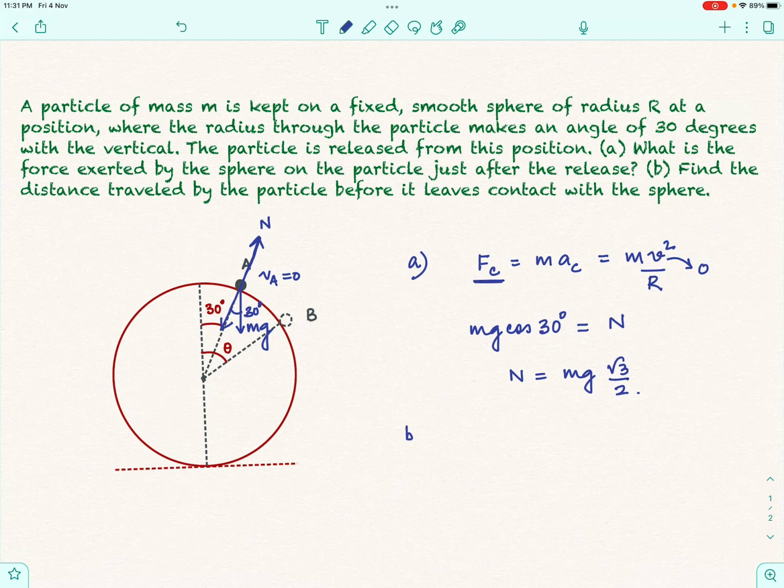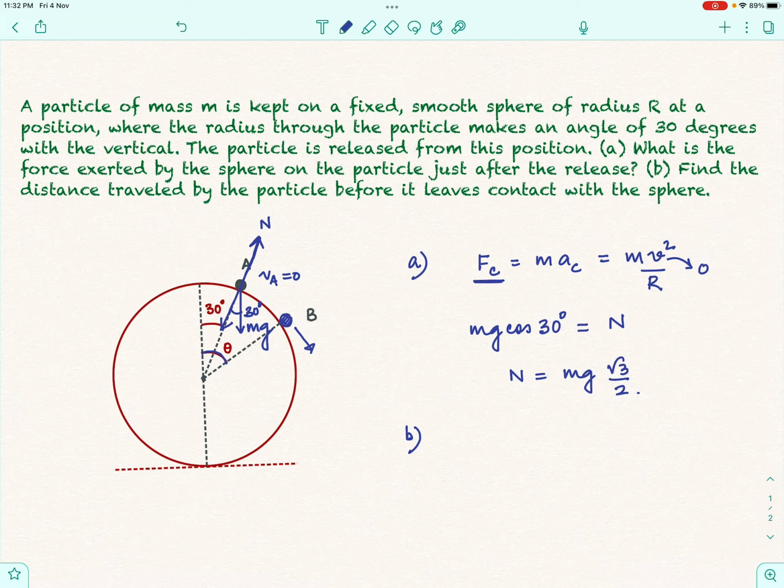Now, for the second part, we are asked to find the distance travelled by the particle before it leaves contact with the sphere. So, let us assume that this particle leaves contact with the sphere when it reaches this new position, which makes an angle of theta with the vertical, so that the particle moves from the point A to the point B, and it is at the point B where it leaves contact.